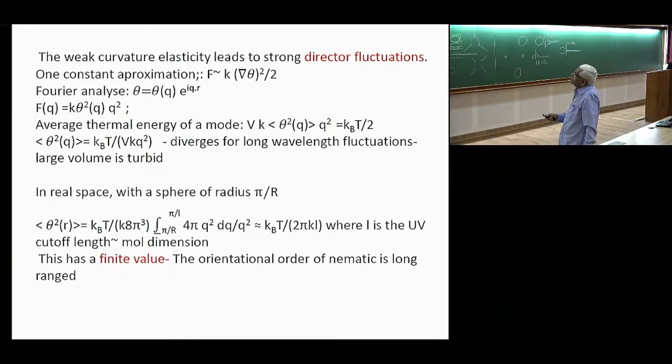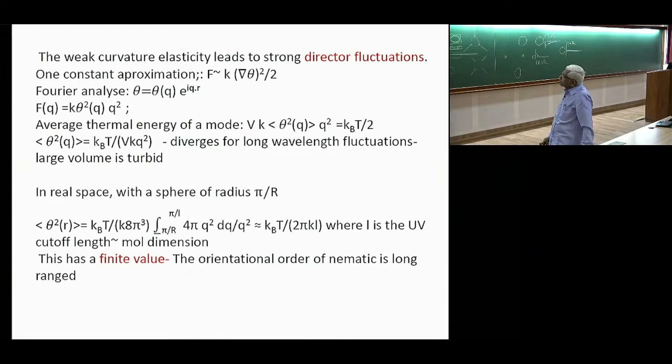Then you know the free energy corresponding to a particular q. Then you apply the fact that the average thermal energy per mode by the equipartition theorem is just kBT by 2 per mode. And therefore, theta squared q average you get like so.